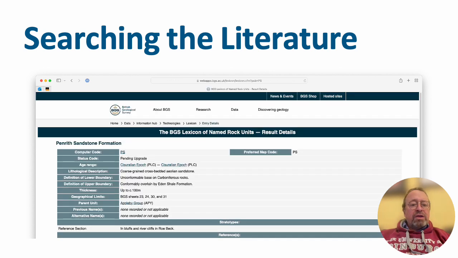If you're working in the UK, the British Geological Survey also have a database and basic information about ages and different styles of formations that we find in different parts of this country. And of course the same is true in many other countries overseas where there is a geological survey that's compiled extensive maps, which is in most places these days.